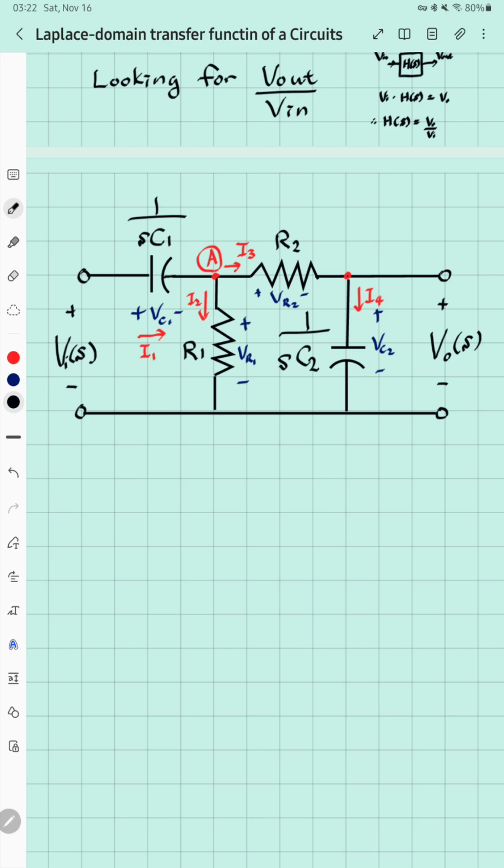Let's write down all the equations. VC1 is I1 times the impedance, 1 over SC1. VR1 is I2 times R1, since V equals IR.